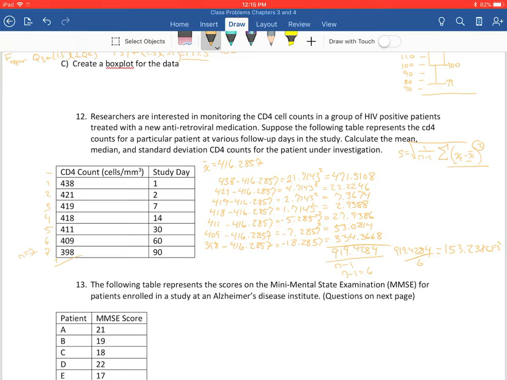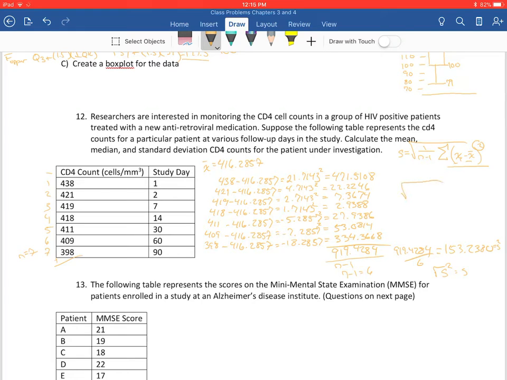You'll notate it as s squared. Notate it as s squared. And then if we want to go from s squared to s, we would just take the square root, right? And that's what we do here. We take the square root and we get our standard deviation.